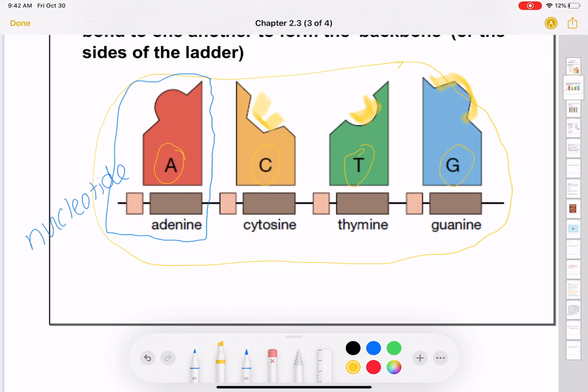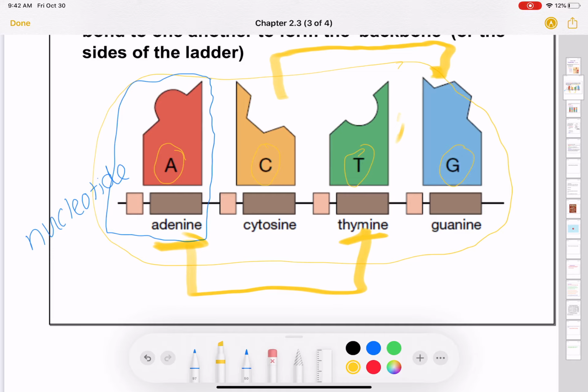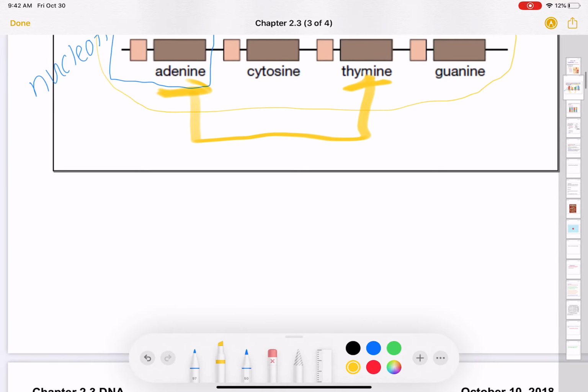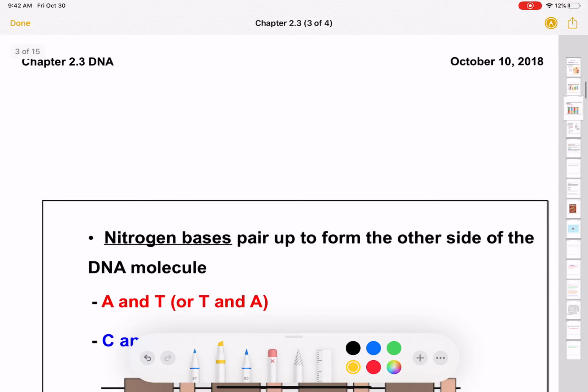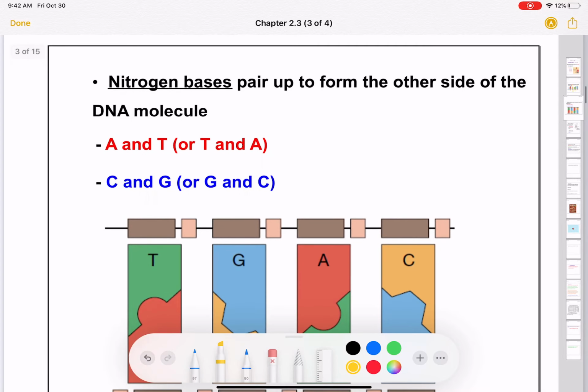So that's actually written that way because it's true. Whenever we have an A, an adenine, the other side has to be thymine. And then whenever we have a C, we know the complementary part, the part that's connecting to it, is going to be guanine. And that's simply just because that's what fits together. They fit together like puzzle pieces.